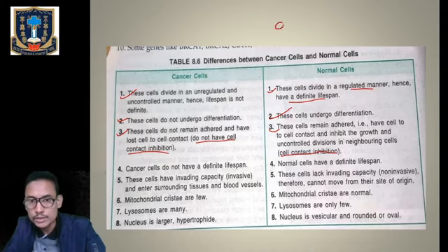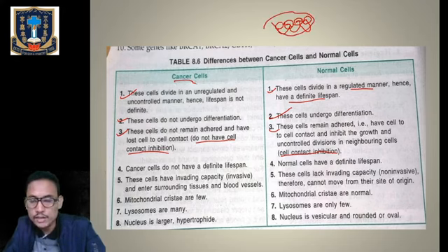Suppose this is one cell. In a normal cell, this will be in close contact with another cell in this way. So there will be cell to cell contact in the case of a normal cell, and this particular cell will control the growth of this cell, and this cell will control the growth of this particular cell, and this cell will control the growth of this neighboring cell. But in the case of a cancer cell, this cell to cell contact inhibition cannot be seen.